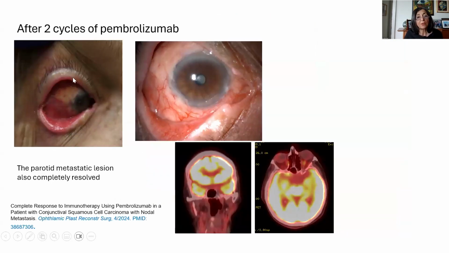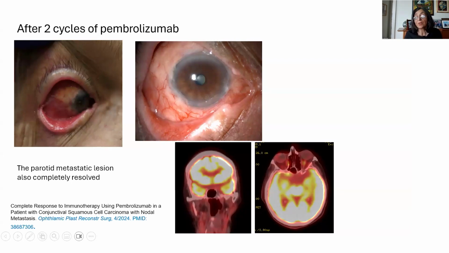And you can see the resolution of both the ocular lesion, completely gone after 2 cycles of pembro, and the resolution of the metastatic lesion. This case was described in Ophthalmic Plastic and Reconstructive Surgery, and you can read about it in more detail.